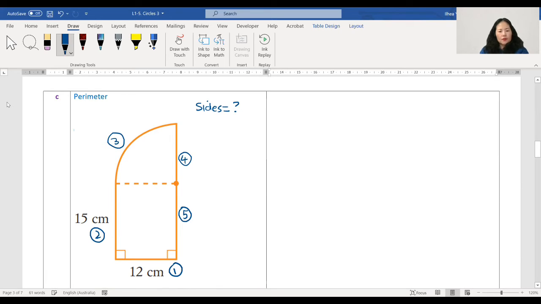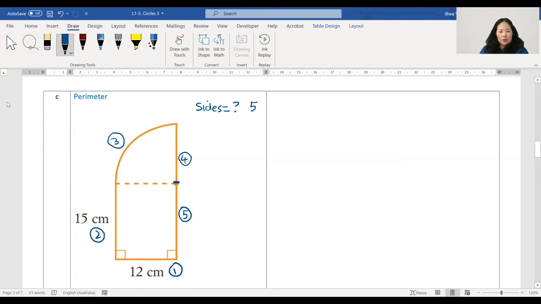I didn't put 4 and 5 as one whole thing because it's going to be a little bit hard to do that. So I separated by this line there. Okay, so we got five sides.